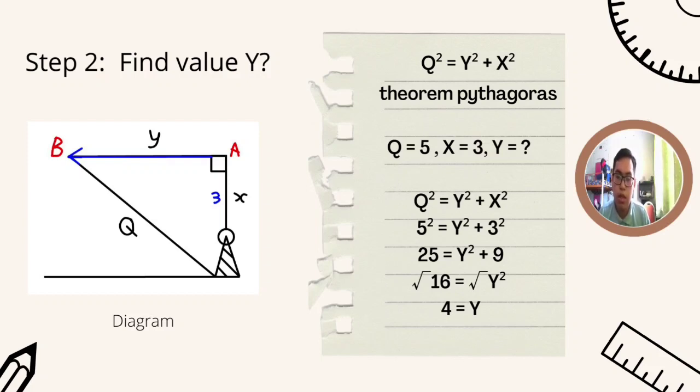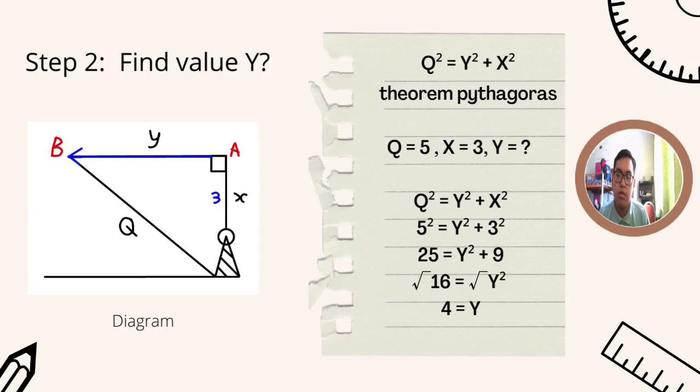So 5 squared we get 25, and 3 squared we get 9. So we square root both sides. The square root of 16 we get 4. So y is 4.